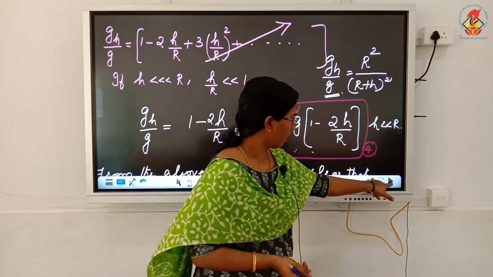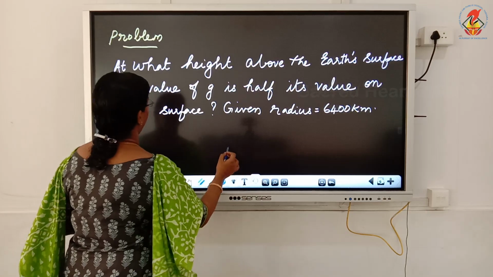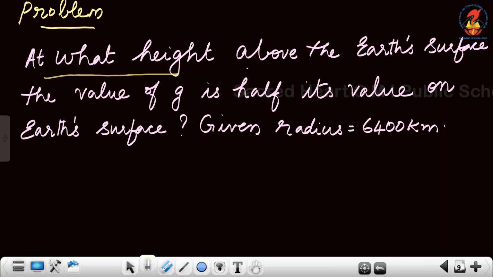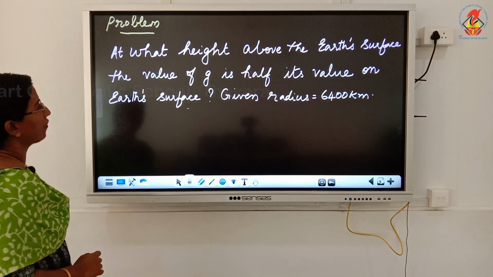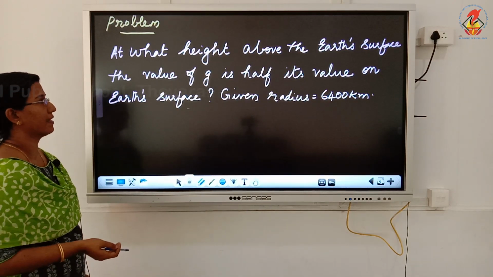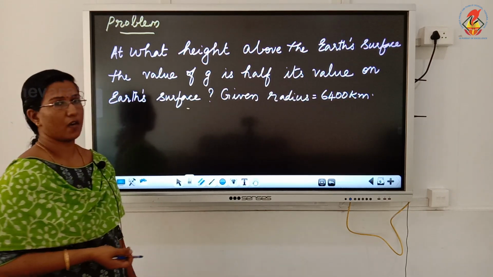Okay. Now let us solve one problem using this equation. At what height above the earth's surface is the value of g half the value on the earth's surface? At what height above the surface of the earth is the value of g, that is g_h, half its value on the surface of the earth?